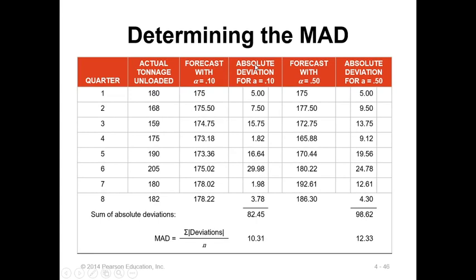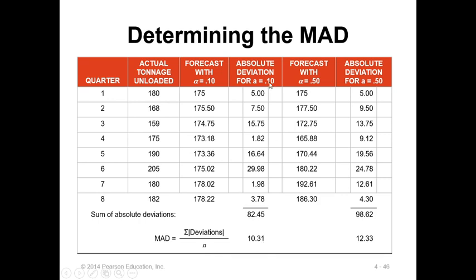Why? Because it's an absolute deviation. If it's negative, it will be a positive value. Then we add all of these values together according to the formula of the MAD. So the sum of deviation will be 82.45, divided by n, and n here is 8 quarters. So 82.45 divided by 8 gives 10.31.